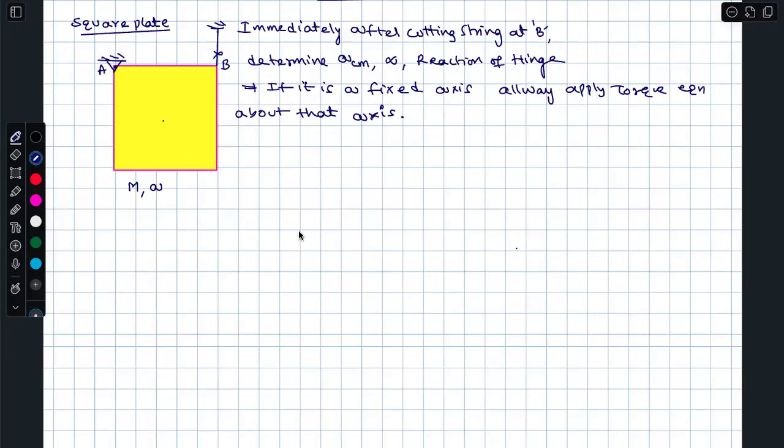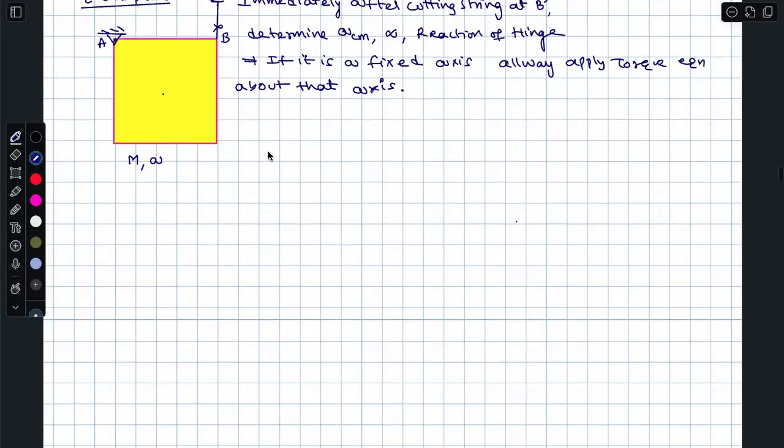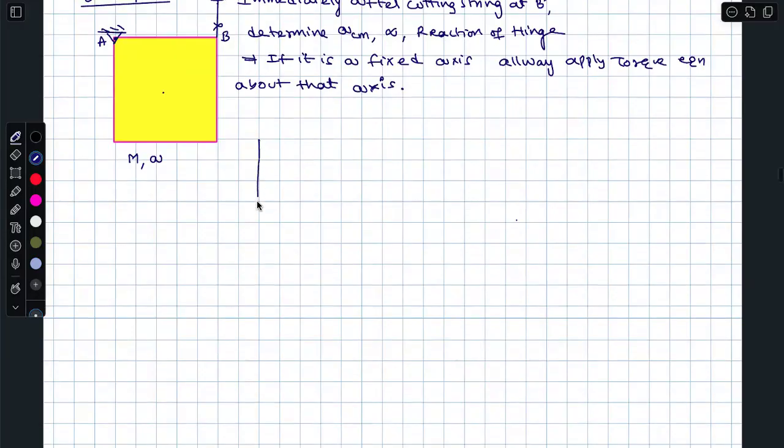Right. Now, I'm applying the torque equation. I'm assuming that this is the weight force.